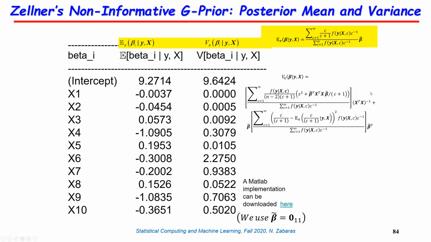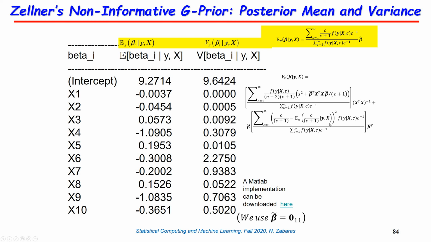so let me start giving you some results. This is using the Zellner's non-informative G prior. So the C has been integrated out in this model. These are the Bayes estimates for the parameters. This is the computed variance. And just for convenience, I give you the formulas for the Bayes estimate for beta as well as for the variance that we're computing.